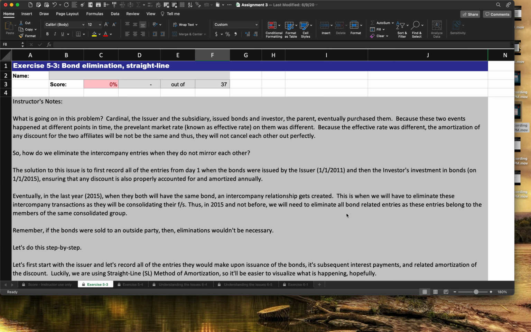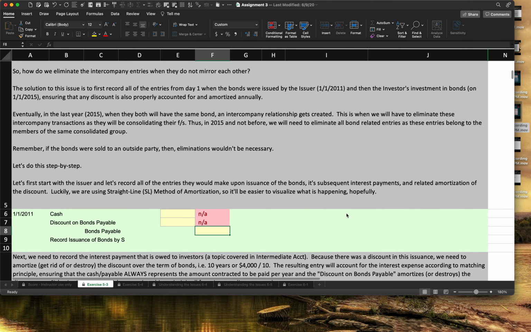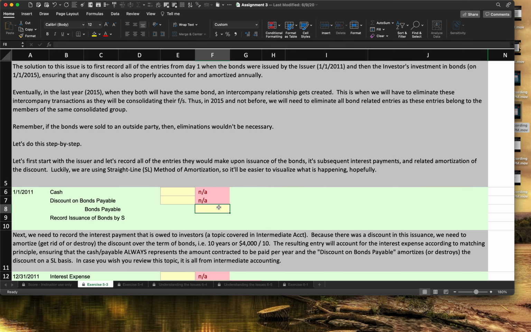What I want you to do is follow the example I gave you and work on just recording the issuance of this bond first. So now we know that we need to record 100,000 of bonds payable.